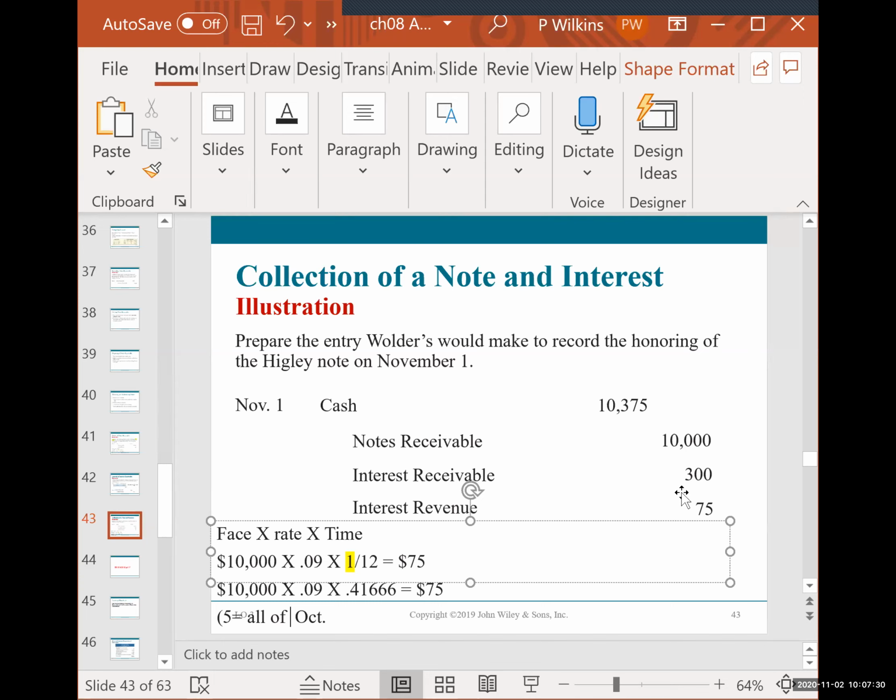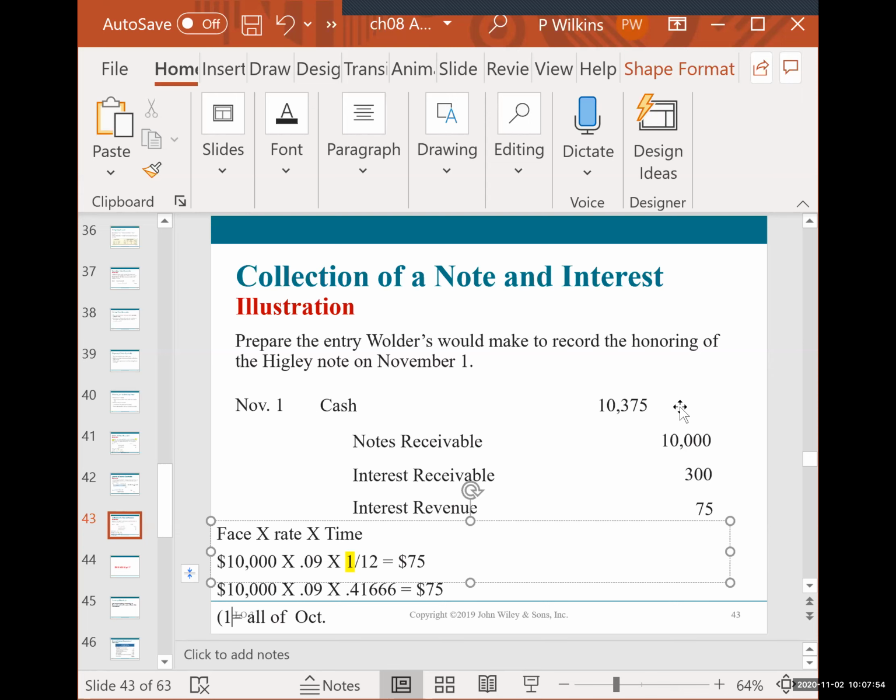So the last time interest was done was September 30th, and we're paying this on November 1. So we have to do interest for all of October, okay? So it's 10,000 times 0.09 times 1/12, which equals $75, okay? And then this is how the entry is done.